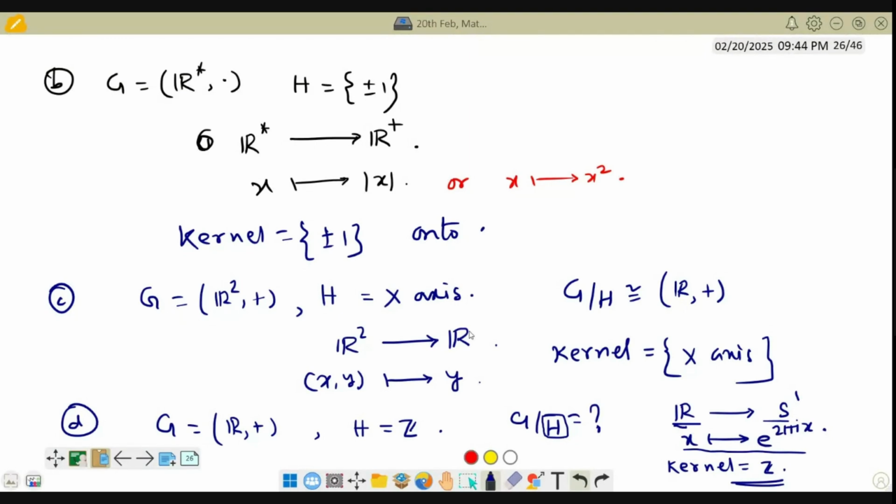Because of making the kernel Z, how do you know if you fix the codomain as S1, the kernel should come as Z, sir? Because in the circle, e to the power 2 pi i x, right? So when will it be 1? That's okay, but if we fix some other set in the codomain, right, that's my question. So when will that be 1?